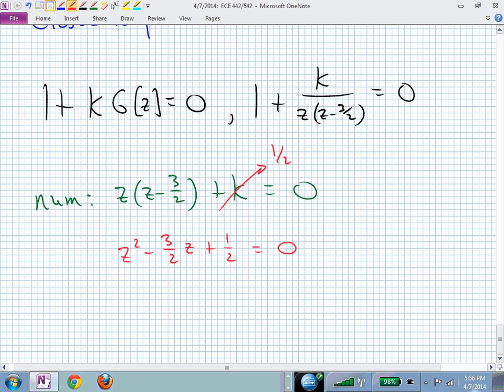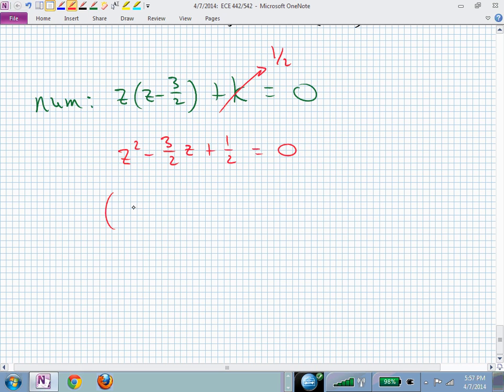If we didn't, we could just plug that into the quadratic formula and it's going to jump out at us, or we can just factor that if we wanted to. But by design, by the choice of k equal to 1/2, we know that this expression needs to factor into z minus 1, and hopefully now you can see what the other factor needs to be.